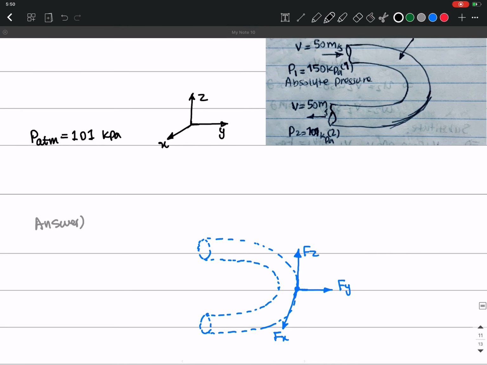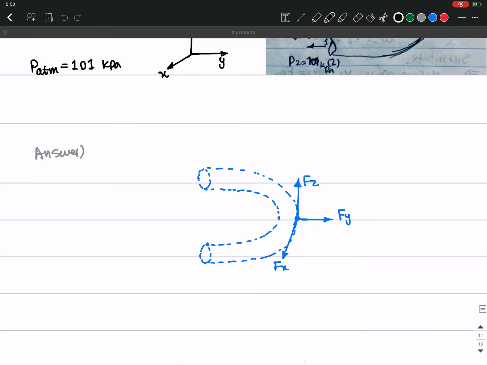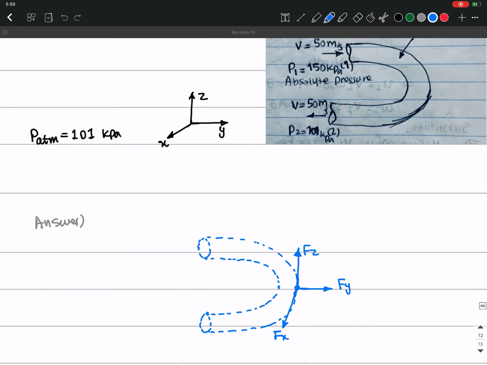So we have the pressure here. Let me show it with another color. So the pressure force acting on this CV is P1, which is the pressure, times A1, which will give me the force.